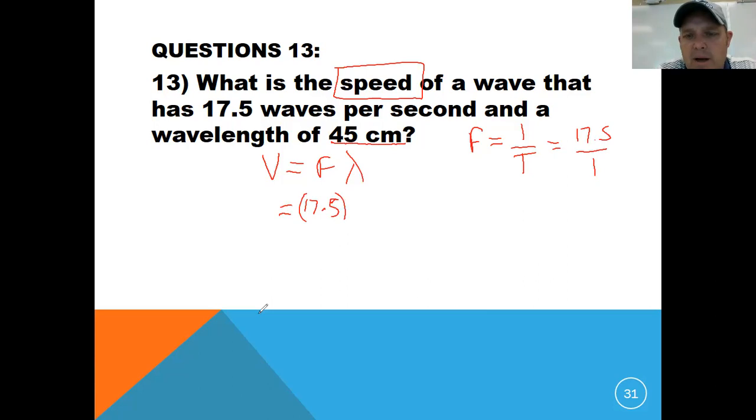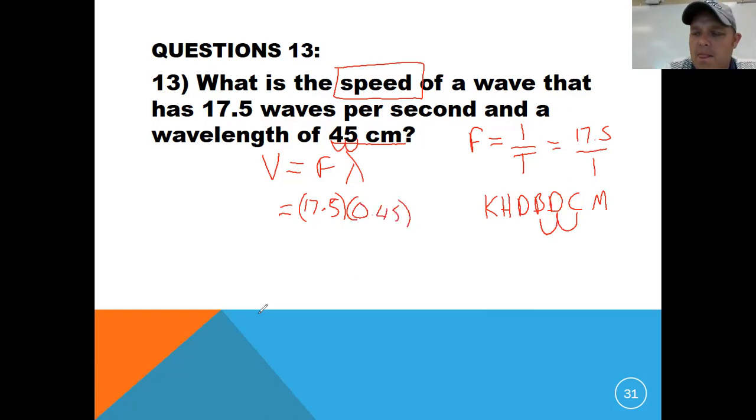And so we're going to have to move that. Just to remind us, I use King Henry died by drinking chocolate milk. I want to get to my base unit, and I'm in centimeters, so I'm going to move it 1, 2 to the left. So if I'm going to meters, this would be 1, 2. So now this is actually 0.45.